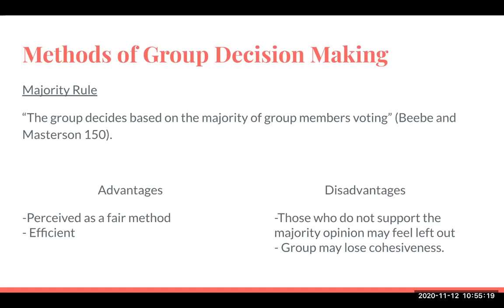The disadvantage is that those who do not support the majority opinion may feel left out, and that can result in less of a sense of cohesiveness, and minority members may not feel as wanted or valuable or part of the group because their decision wasn't chosen.